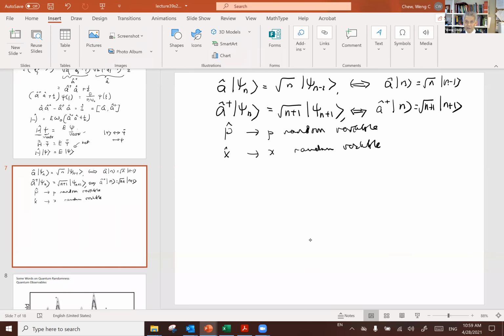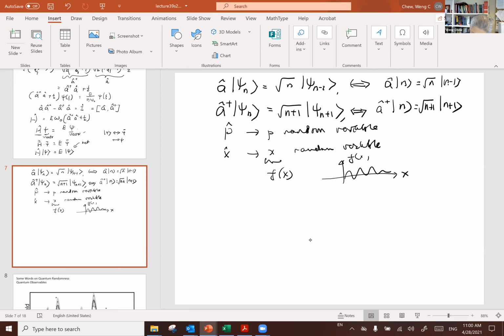So in order for it to be a random variable, you cannot describe it with just one number alone. You have to describe it with a function of x, and this gives rise to fuzziness. The position of a particle actually becomes very fuzzy.